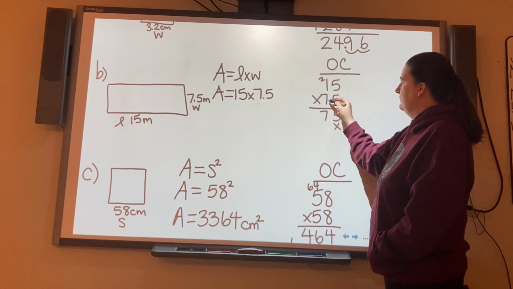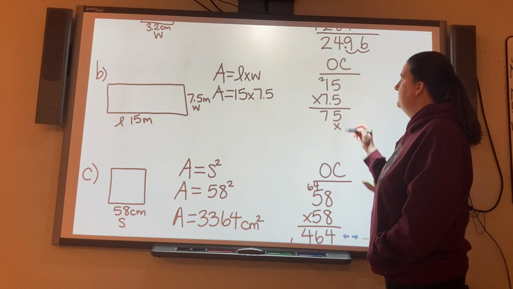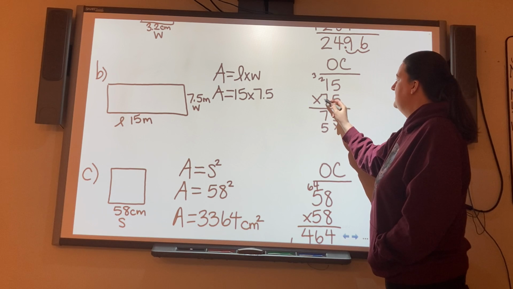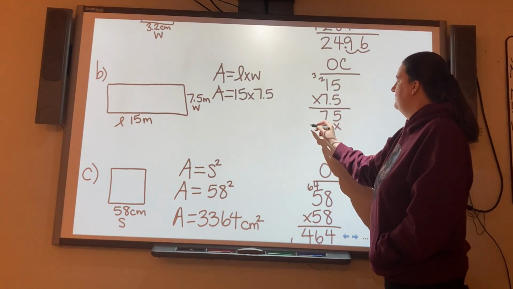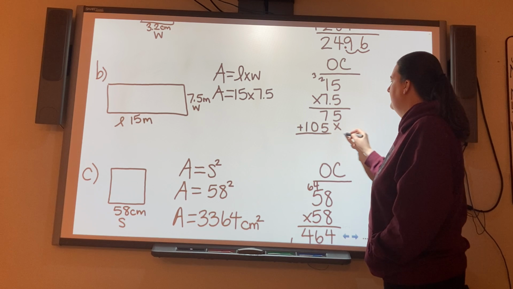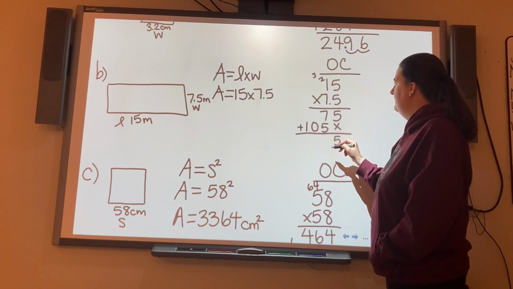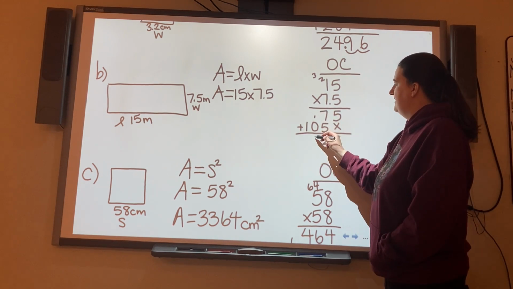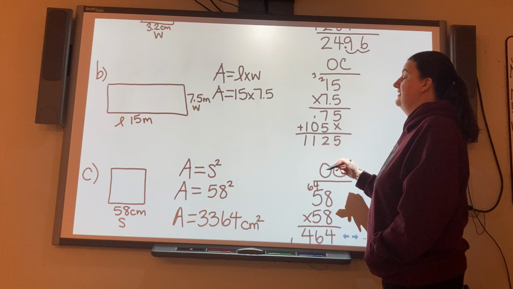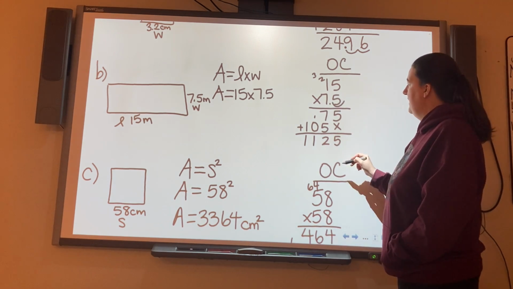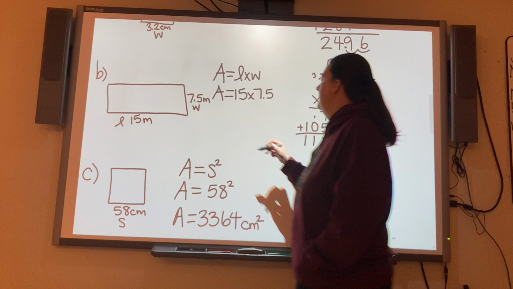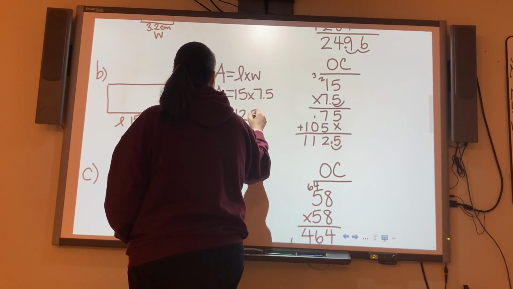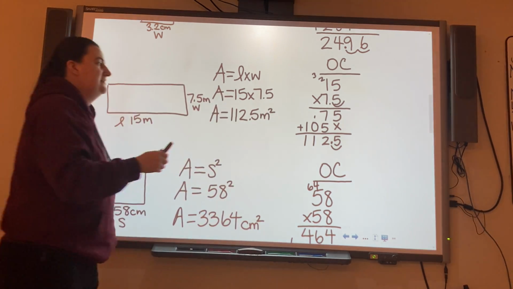Put your x, move to the 7. 7 times 5 is 35, carry your 3. 7 times 1 is 7, plus the 3 that you carried is 10. 5 plus nothing is 5. 7 plus 5 is 12, carry your 1. 1 plus nothing is 1, and 1 plus nothing is 1. 1 decimal spot, 1 decimal spot. So the area of my rectangle is 112.5 meters squared.